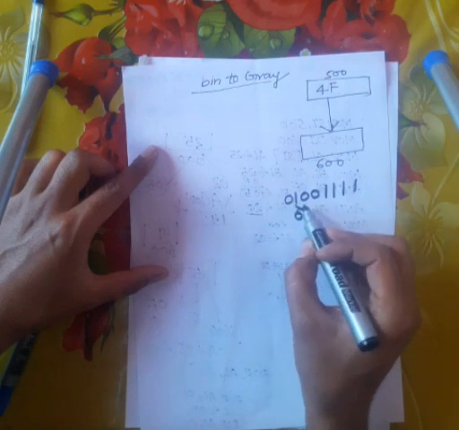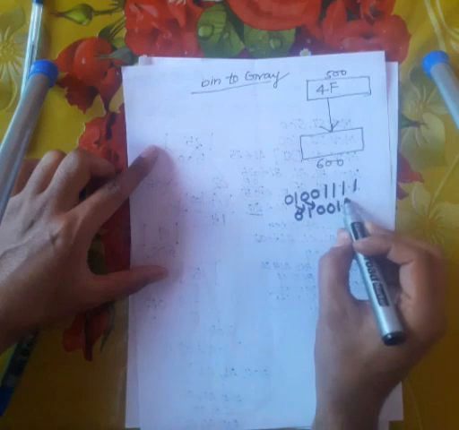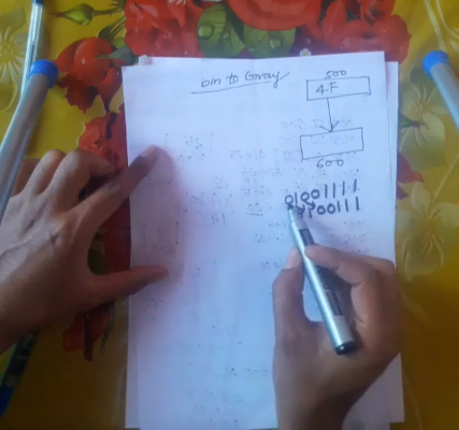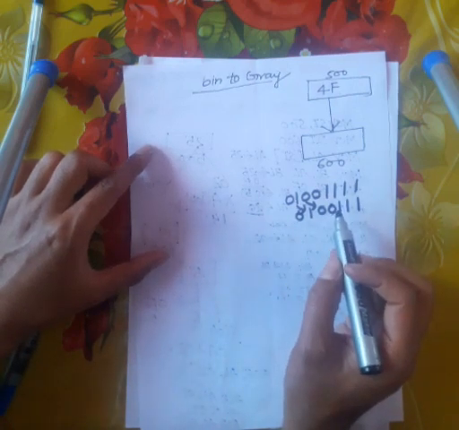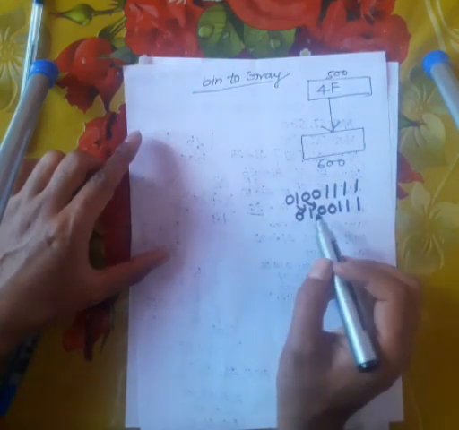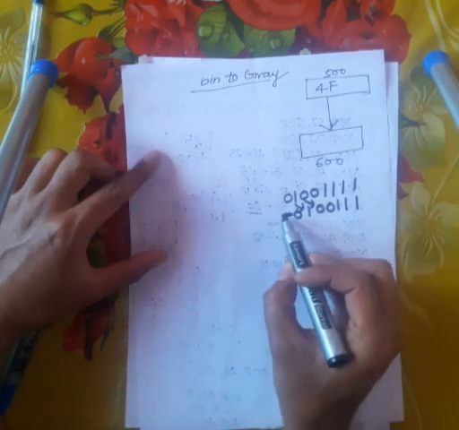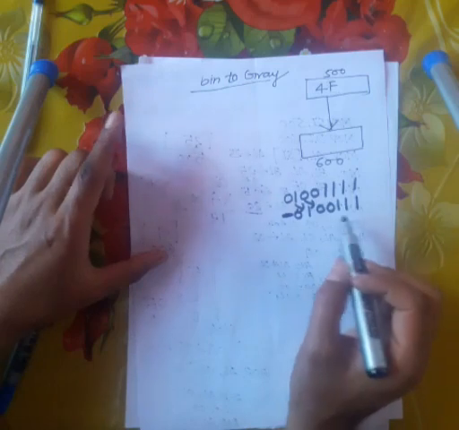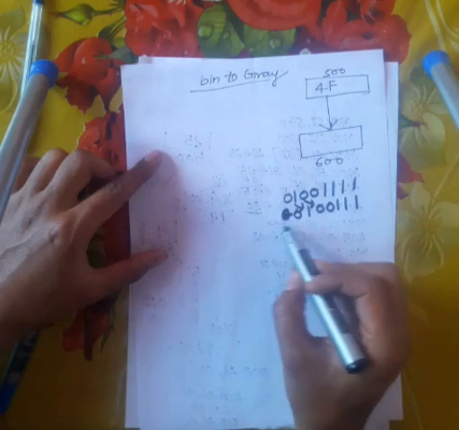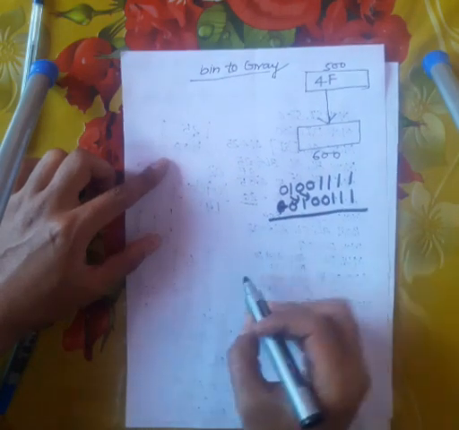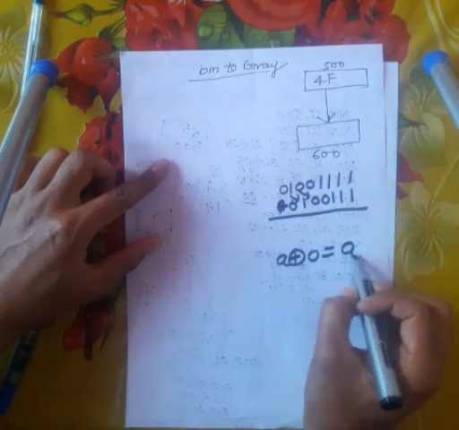But we know the MSB of the gray number is the same as the MSB of the binary number. So this value must be 0. You know A XOR 0 is always A.